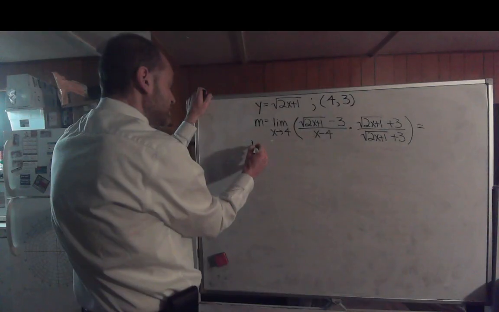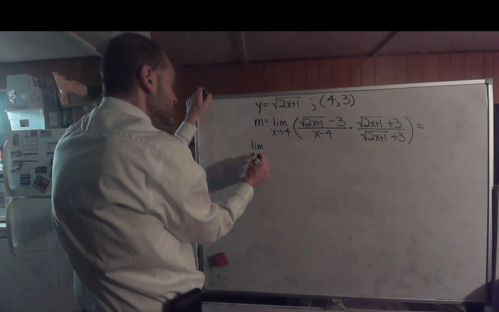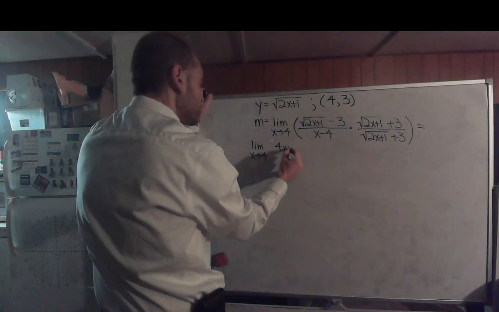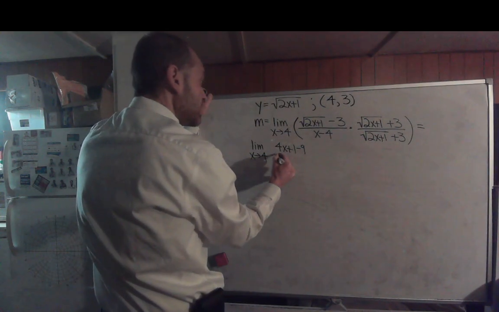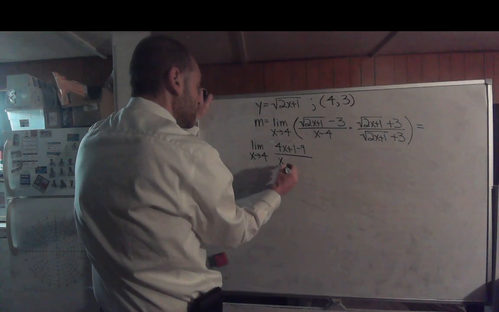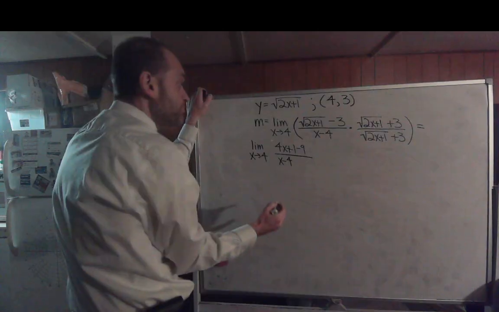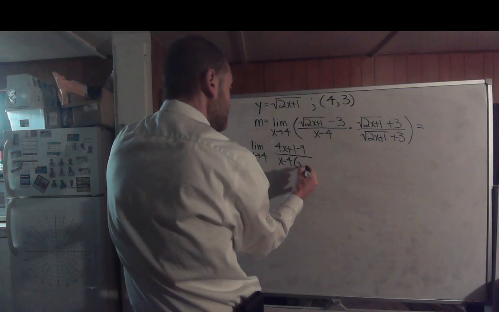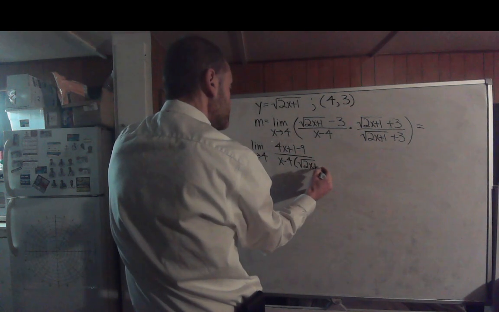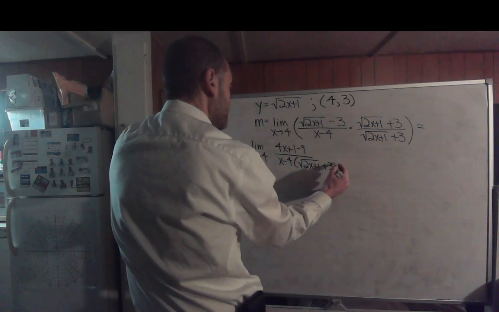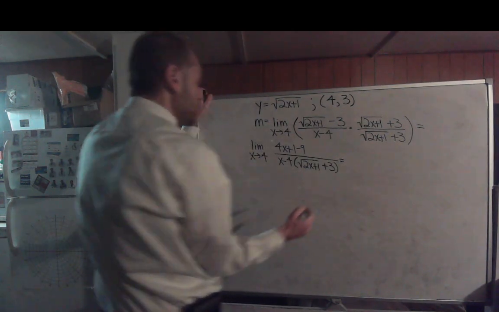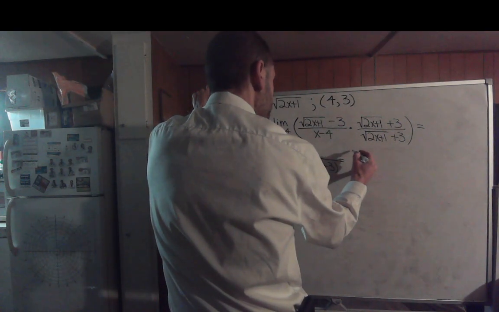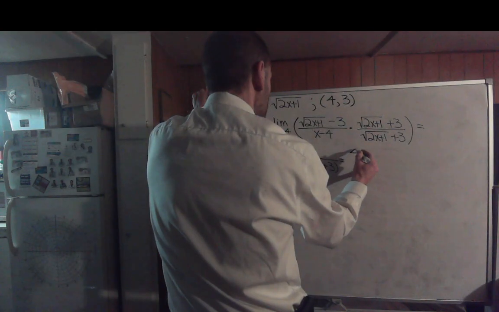This should end up as the limit as x approaches 4 of (2x plus 1 minus 9) all over (x minus 4) times the quantity of the square root of 2x plus 1 plus that 3. Wait, why did I say 4x?